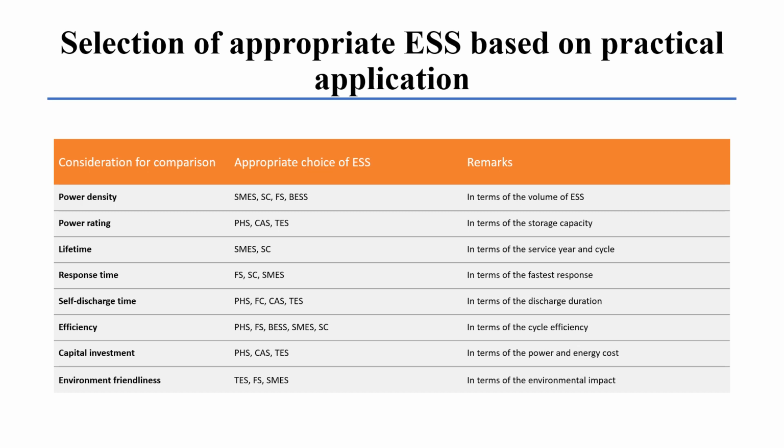And if you want environment friendliness, then we can use thermal energy storage, flywheel storage, superconducting magnetic energy storage. So based on different requirements, we can use different energy storage systems.